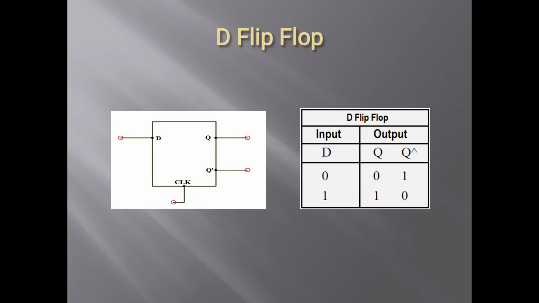In the D flip-flop, when the input value of D is 0, then we get the output 0. And when the value of D is 1, then the output will be 1. See, with the help of this diagram, basically we can combine the D flip-flop with the JK flip-flop.